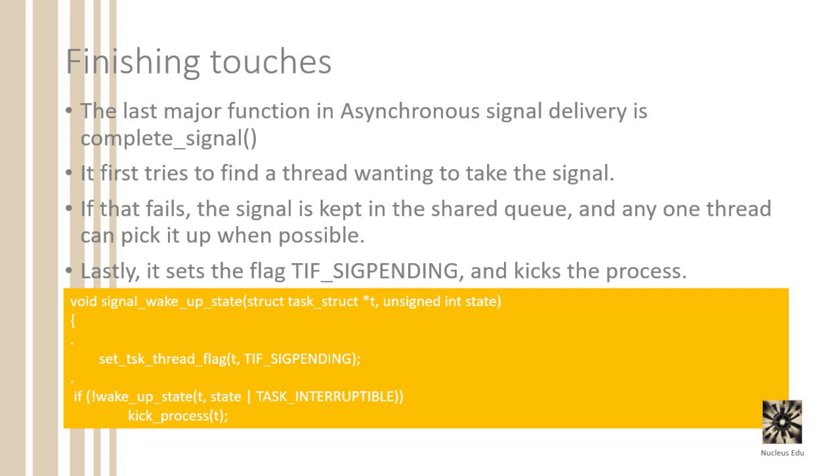And this is where we stop here. In the next video, we will start with synchronous signal generation, and then we will talk about delivery and handling of both asynchronous and synchronous signals, because they start at different parts but basically merge into the same functions and are handled in the same way.